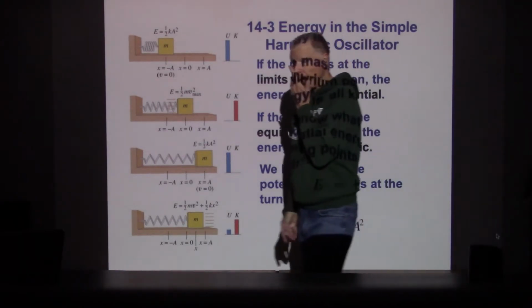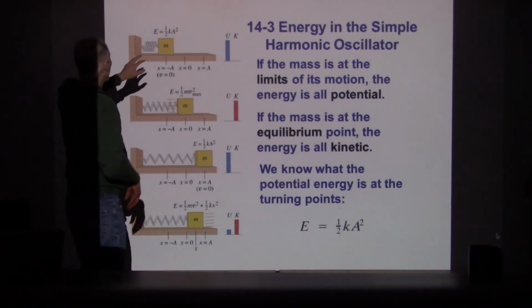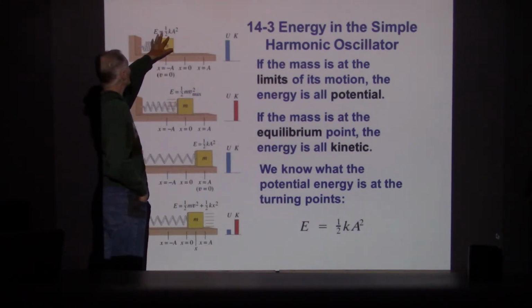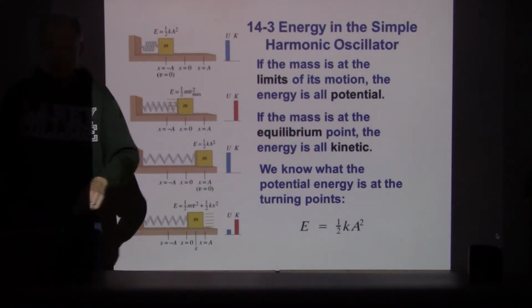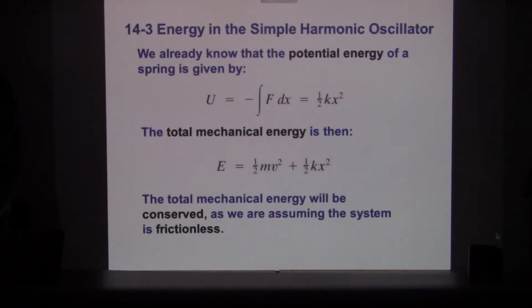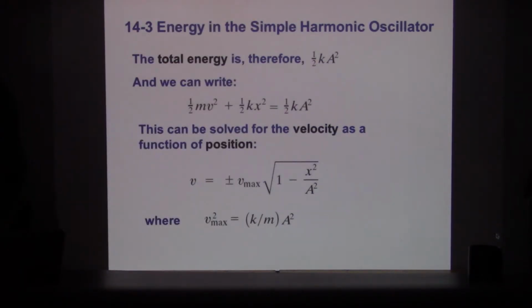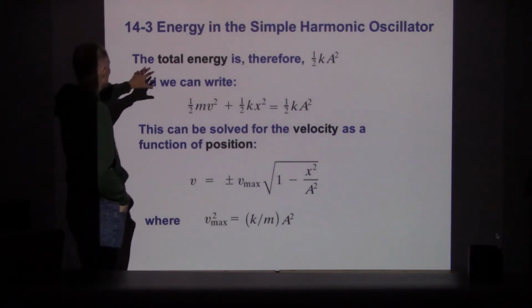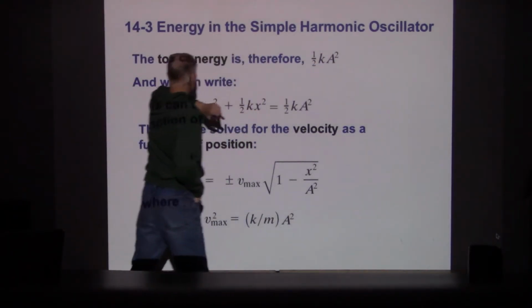So that's one way we could write the total energy: look at picture number 1 and say at this point the energy is 1/2 kA squared, and none of the energy is kinetic, so the total energy is given by that value. So what we can write from this is that the total energy is given by 1/2 k amplitude squared.